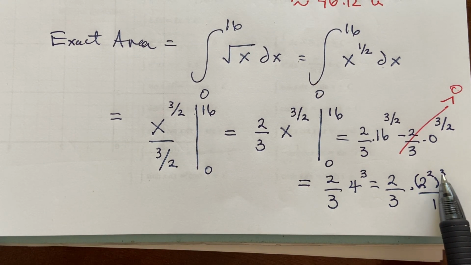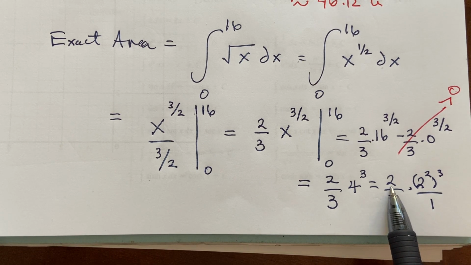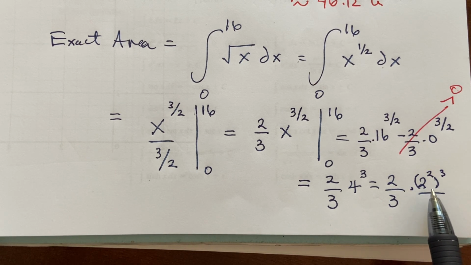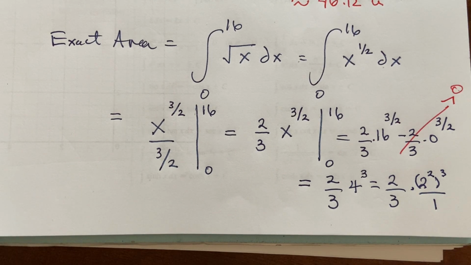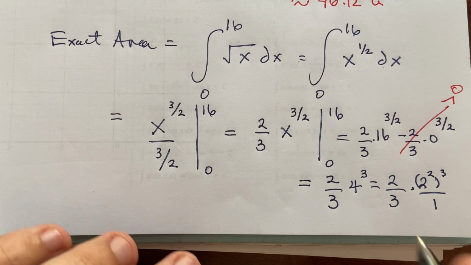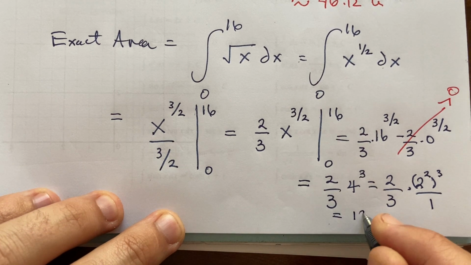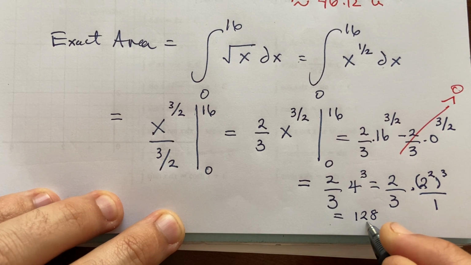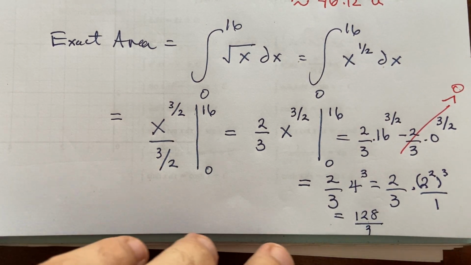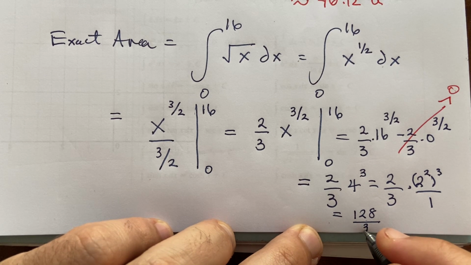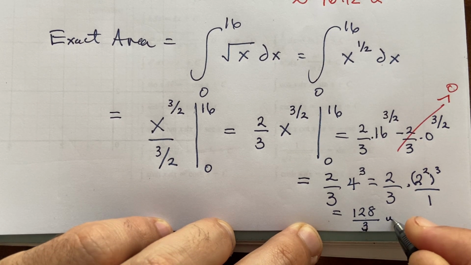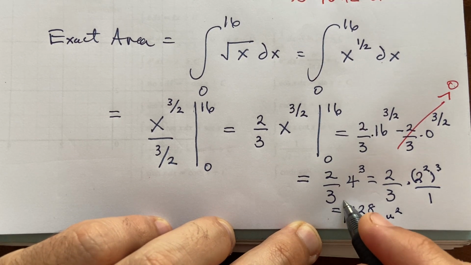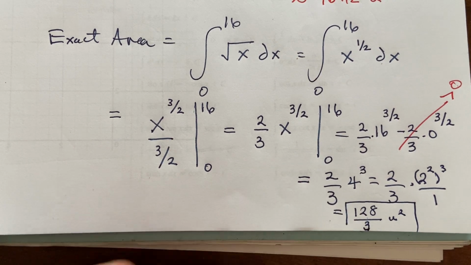So here I have 2 to the 6th times 2 to the 1st, so I have a 2 to the 7th over 3. 2 to the 7th is 128. So it looks like 128 over 3. That's a 3 there. And that would be square units, and that would be the exact area under that curve.